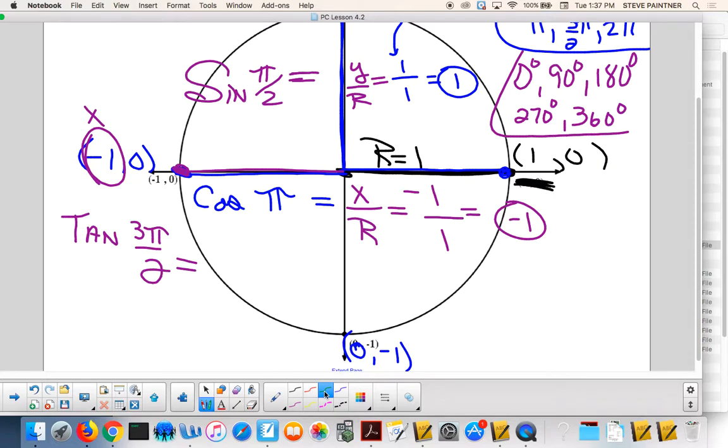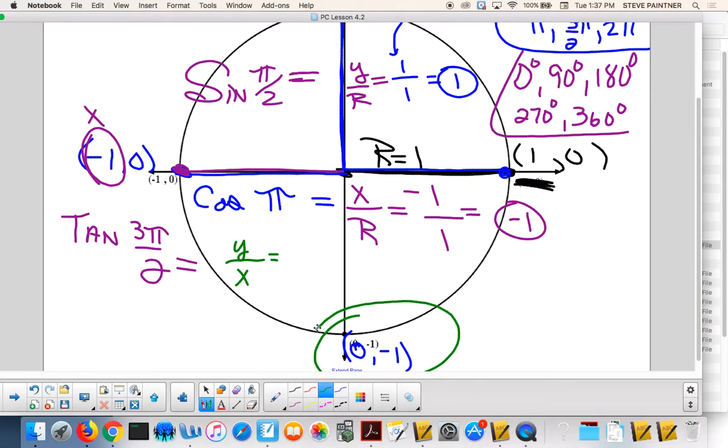Help me, Aaron. How do I do it? Well, we know that tangent is y over x. 3 pi over 2, you've got to think of it as 3 divided by 2 is 1 1/2 pi. It's going to be on the bottom, at 0, -1.